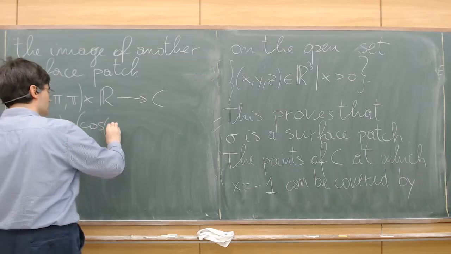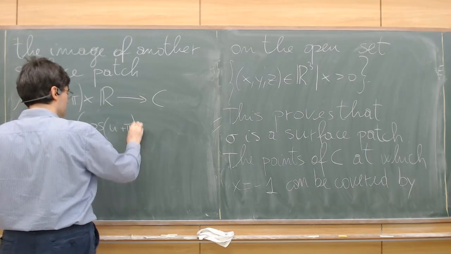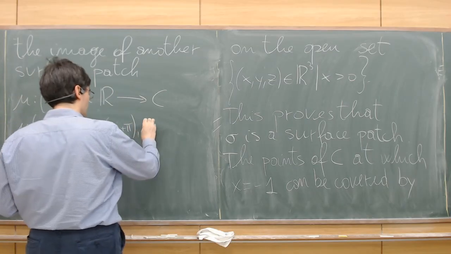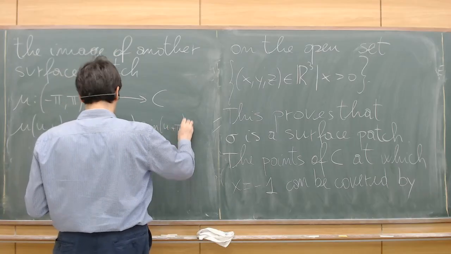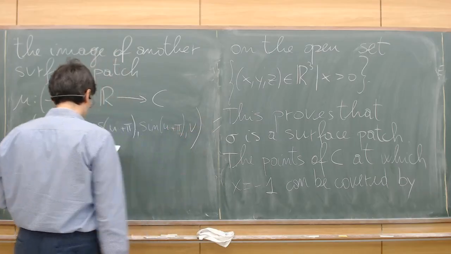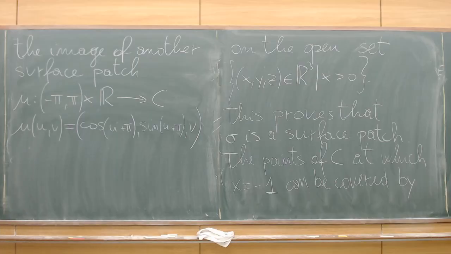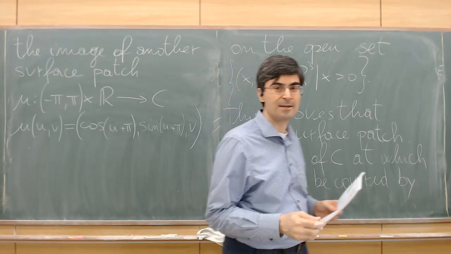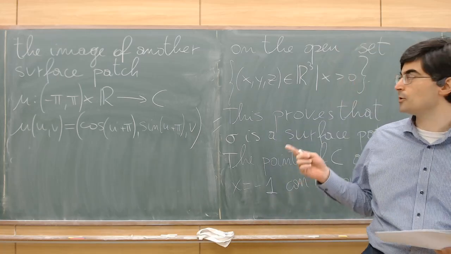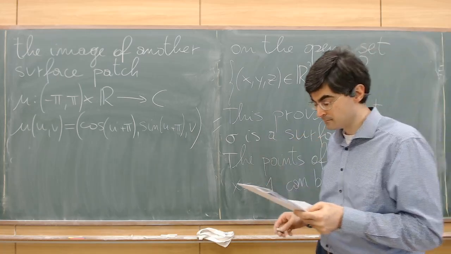Cosinus of u plus pi, sinus of u plus pi, comma v. You can prove this is a surface patch using the same arguments we used for sigma.